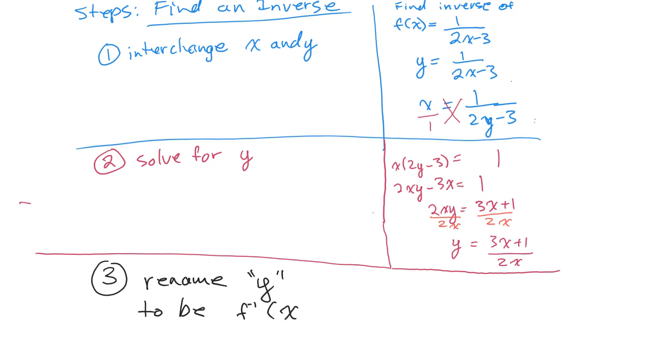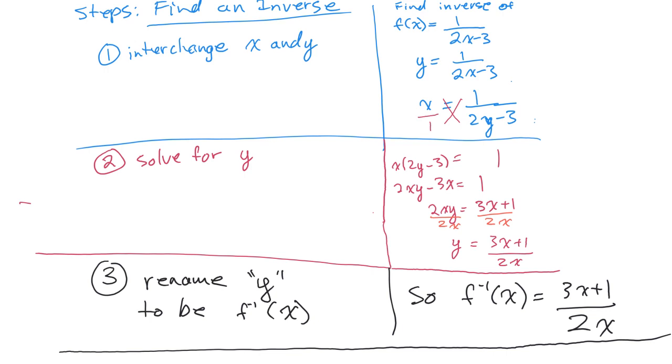So f to the -1 of x. So f inverse of x is equal to 3x plus 1 divided by 2x. And we're done. We're literally done our solution. So that would be the final step to actually find our inverse.